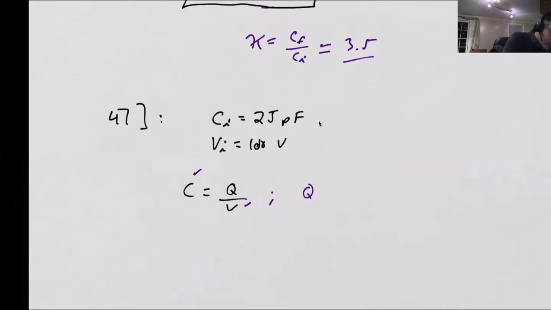And just to be clear here, these are all initials, yes? This is enough information for us to solve for Q initial. Q initial would just be C initial times V initial, which using these numbers gives us a 2.5 nanocoulomb initial charge, okay?